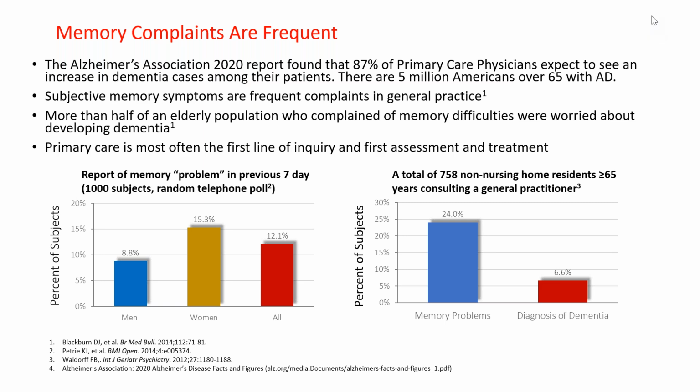So subjective memory symptoms are common, and one of the jobs in early triage, early assessment, is to figure out why they have the symptoms. It could be multifactorial: it can be from depression, from a hypoestrogenic condition, a number of things.